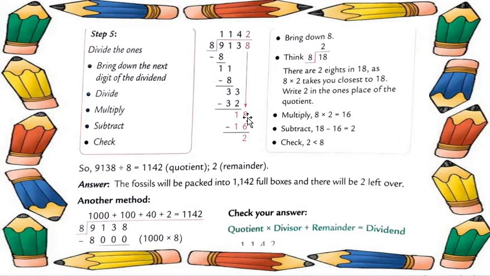Okay, now in table number 8, is 18 coming? No, 18 is not coming. So what to do? We take a smaller number, less than 18, so 17. In table number 8, is 17 coming, all students? No, it is not coming.